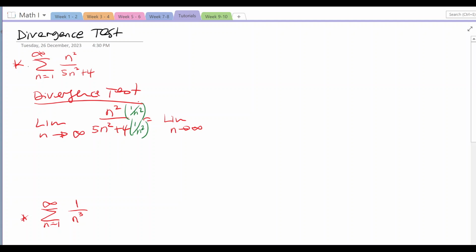So if we do that, then we end up with the limit of n square over n square, which is simply 1. Let me write it down better: the limit of n square over n square, all over 5n square over n square plus 4 over n square.